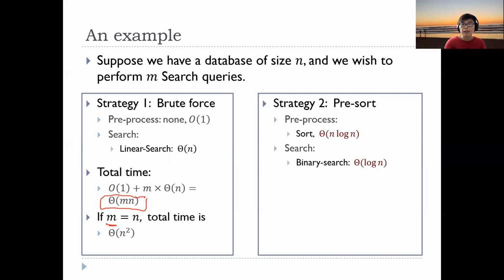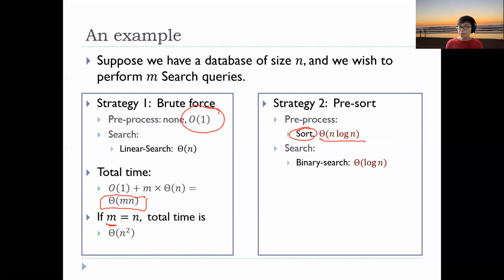Now, let's look at the second approach, where in the preprocessing stage, I sort all of the elements in the database based on their key. Sorting can be done in n log n time, which we're going to cover in the next class. So in contrast to before, where I didn't have to spend any time in preprocessing, now I have to spend n log n time for preprocessing.